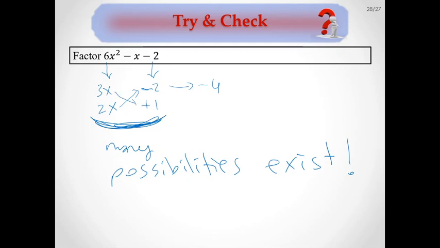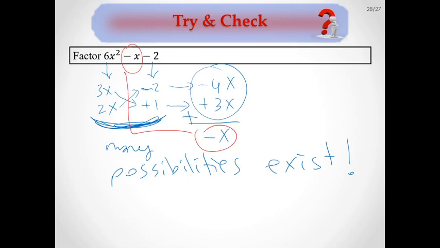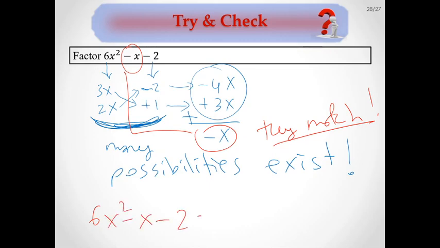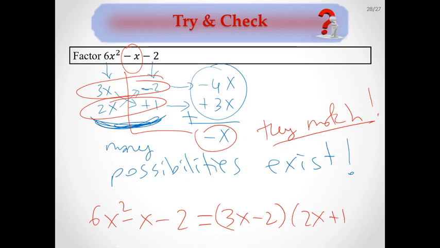If you're lucky, then with your first choice, you can get to the solution. Are we lucky? Yes, we're lucky. They match. So 6x squared minus x minus 2 is equal to 3x minus 2 times 2x plus 1. If they didn't match, we would go on to the other possibilities, but this time we were lucky.